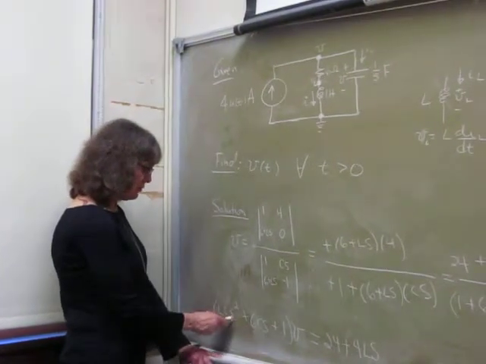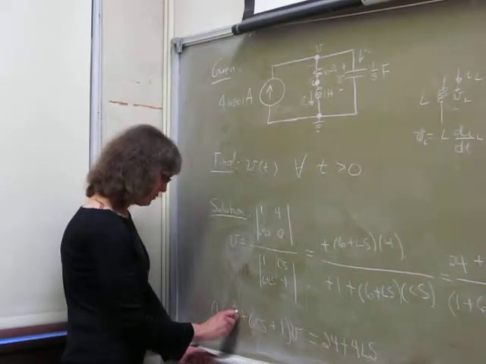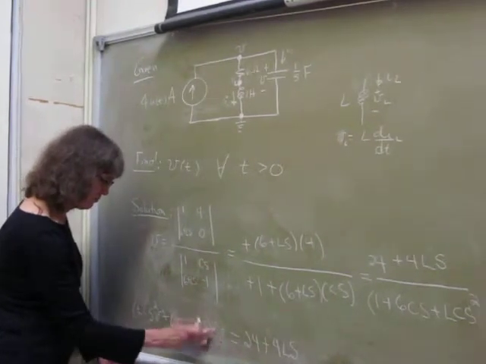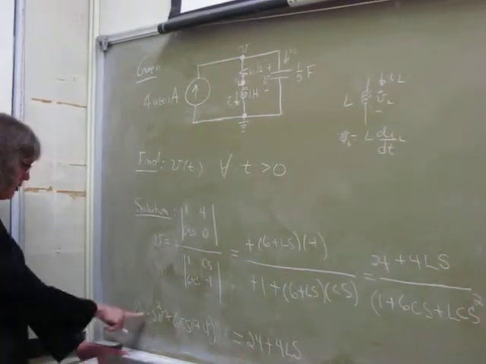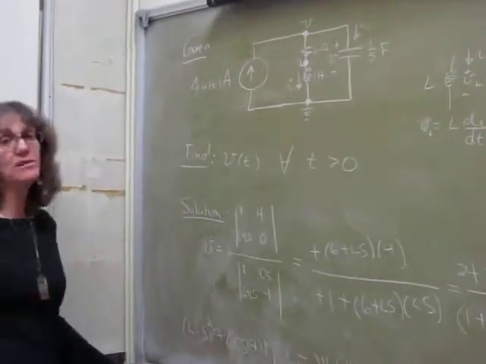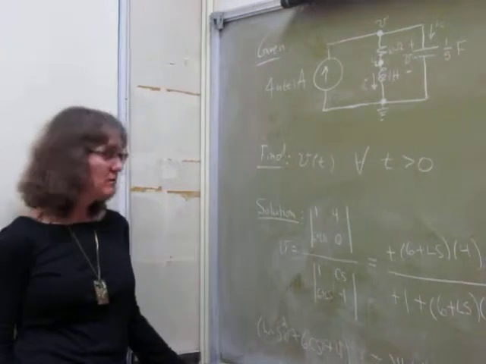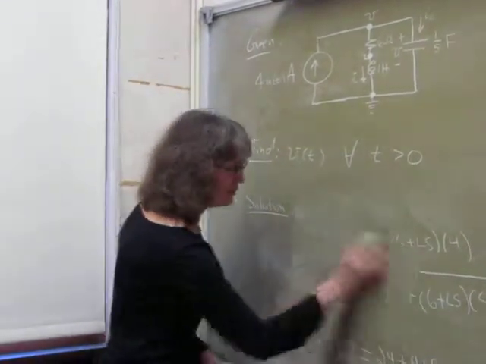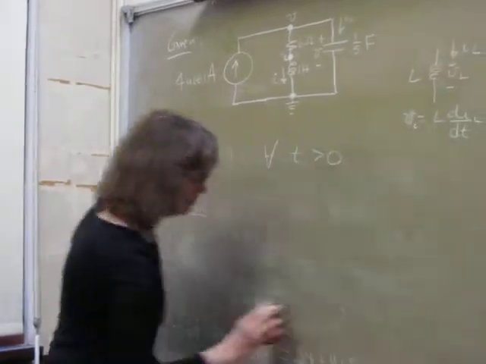If I distribute the V, I'm just going to put it here and here and here. So I just distributed the V. What is this? This is LC S squared V. Well, S squared V, that's the second derivative of V with respect to T. So I'm going to rewrite this equation, transforming back from the S operator.